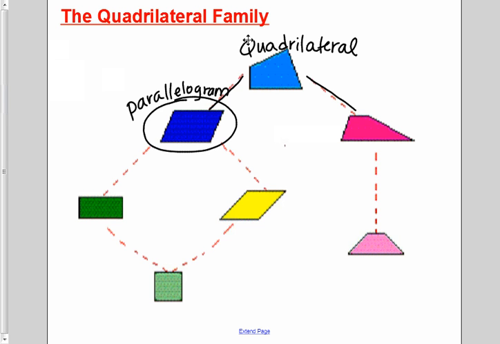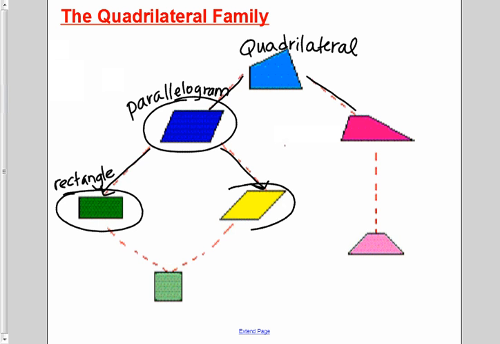Okay, so I'm going to break the parallelogram down even further. So within the parallelograms, then there are two other types of parallelograms. So the first parallelogram we see here is known as a rectangle. The second type of parallelogram we see here is known as a rhombus. And then that leads us to our very last quadrilateral down here.